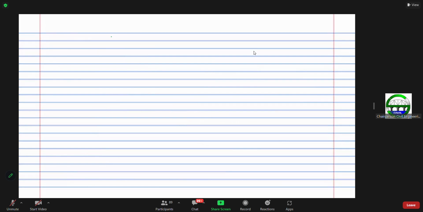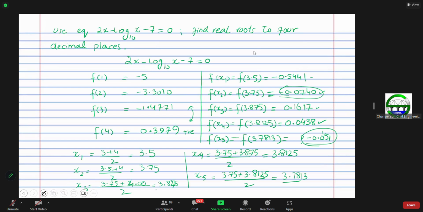Your final answer will be like 3.7893 after several iterations, like the 10th. So at x10, you will get this value.